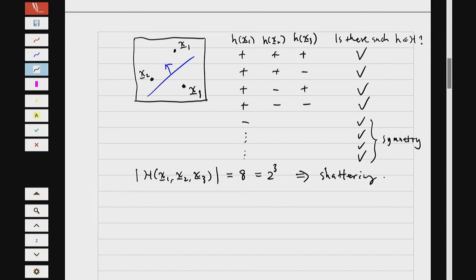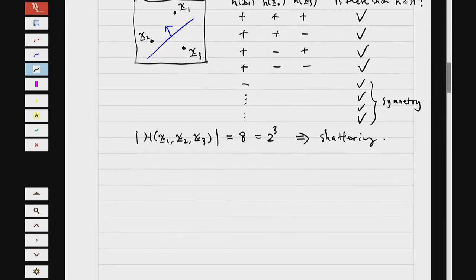So it turns out the location of those points matters. It matters whether you can shatter or not, whether you can have as diverse an outcome or not. So the first thing to note is that the location matters.